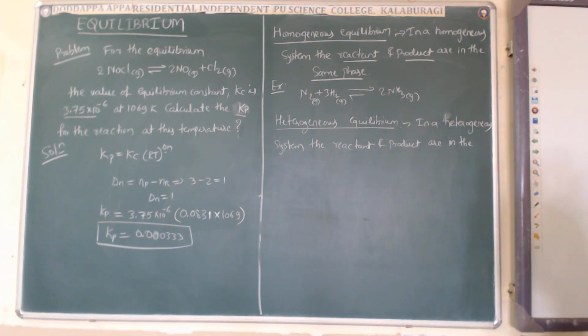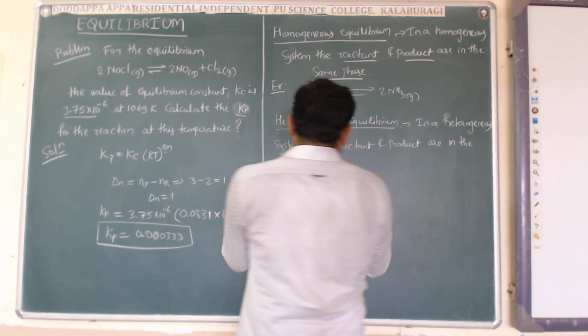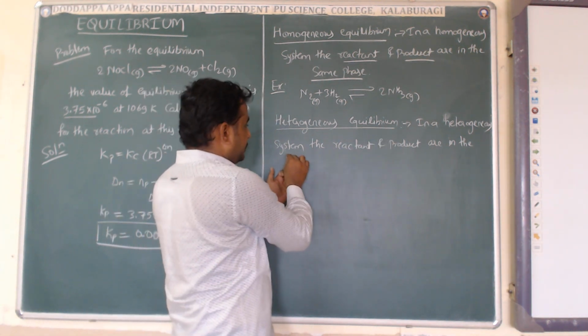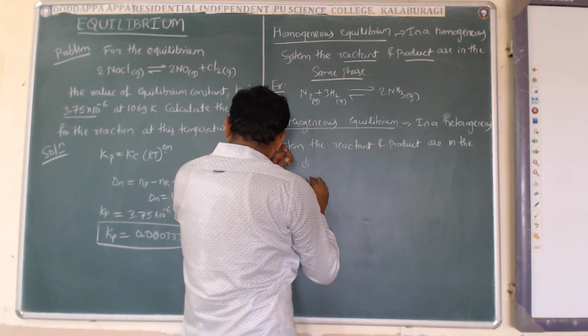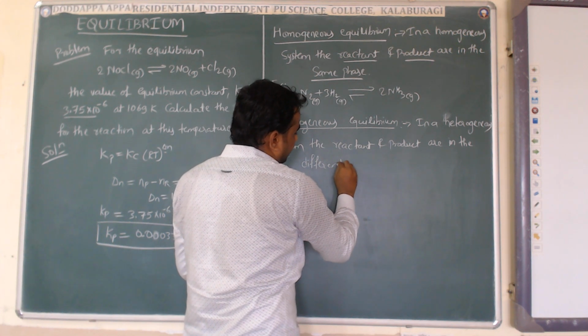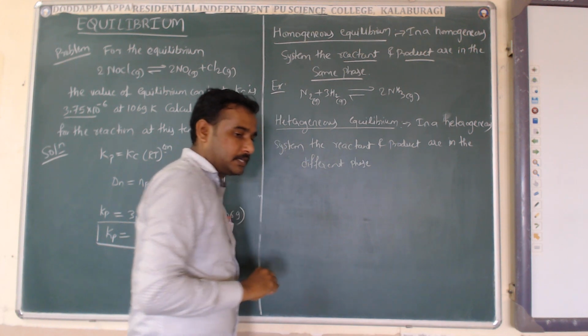That is what we term as heterogeneous equilibrium. Otherwise, we can also write: in a heterogeneous system, the reactant and product are in different phases. It is called heterogeneous equilibrium.